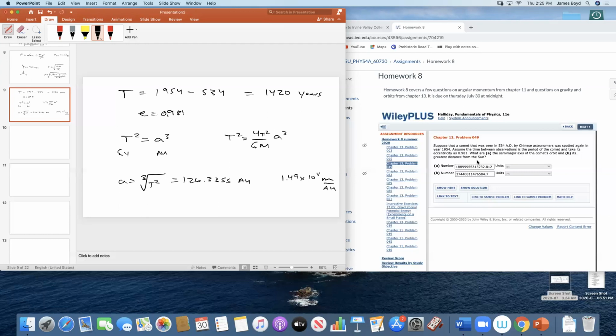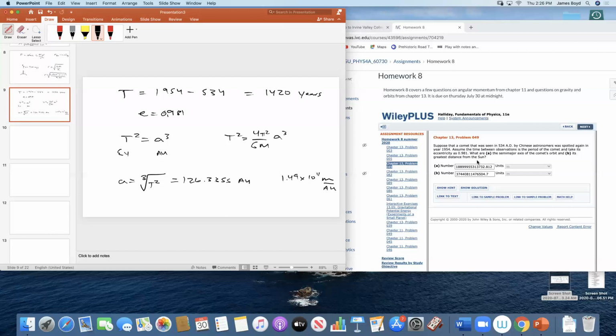So what's hard on this is that Wiley isn't really good about telling you what to use for your numbers. I don't know what they're assuming the AU is. Let's say it's 1.5. We get 126.3355 times 1.5. I get 189.5, which is off the other way.